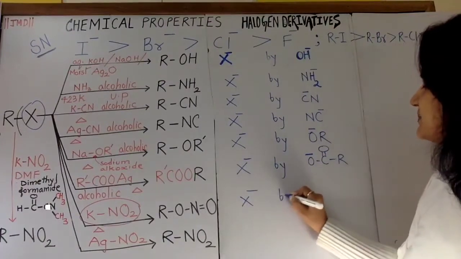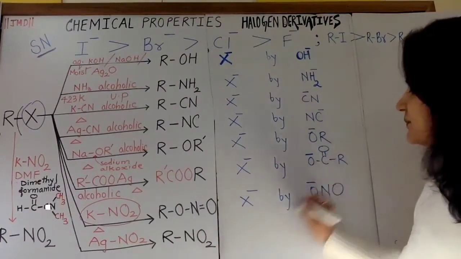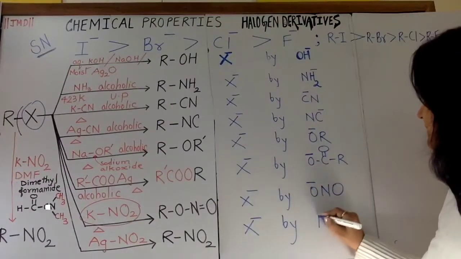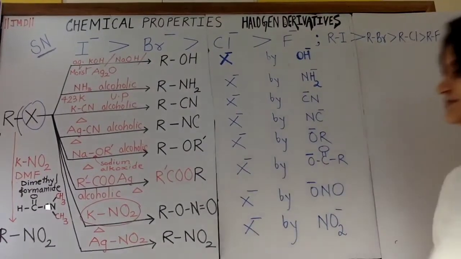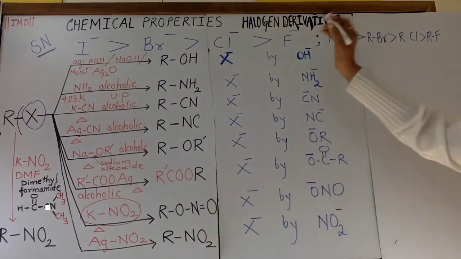Halide ion is replaced by nitrite group. Halide ion is replaced by nitro group. So this is the difference. Is this clear? This is how nucleophilic substitution is taking place.